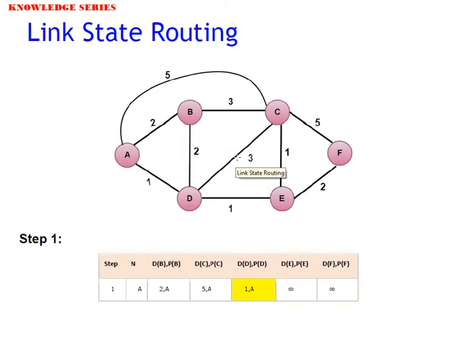There are 6 nodes. In these 6 nodes, when the algorithm is initialized, we write N equals A, and A is basically the root node.